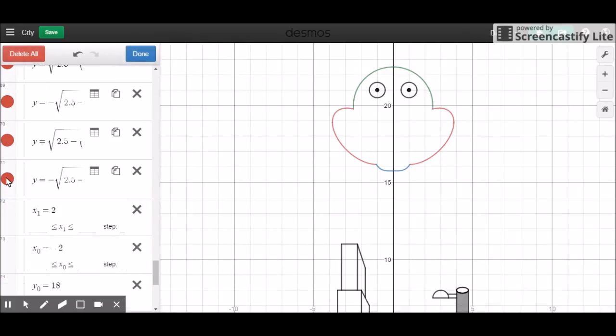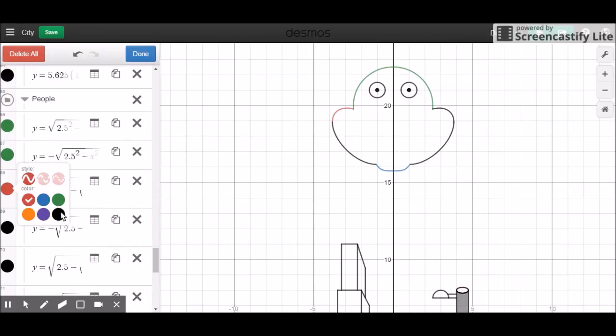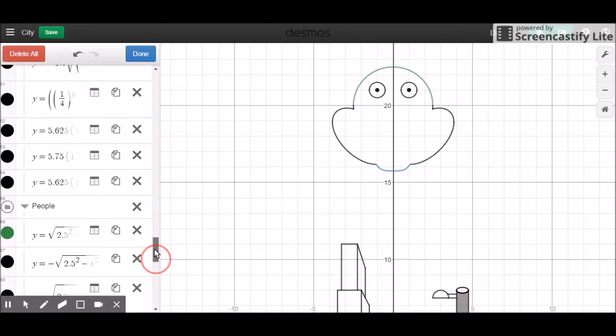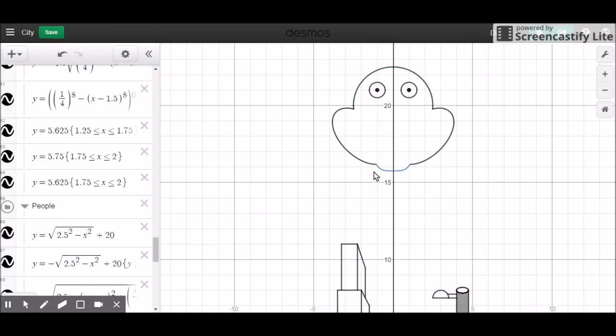All right, now we can just use whatever color line that we like to outline this whole thing, and find out where to put this.